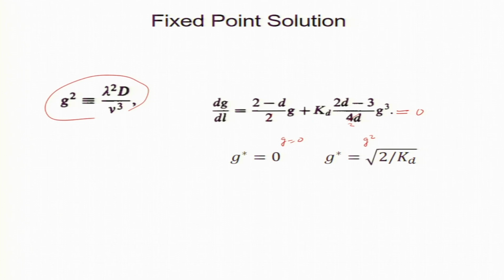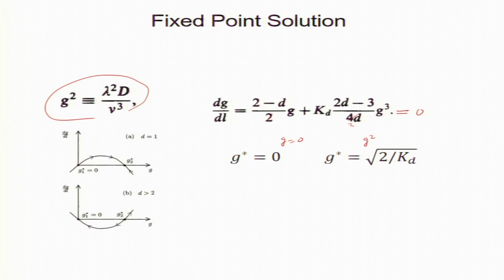I have not done this myself, I just take the result. The other fixed point for this equation is G star equal to square root 2 by k d.